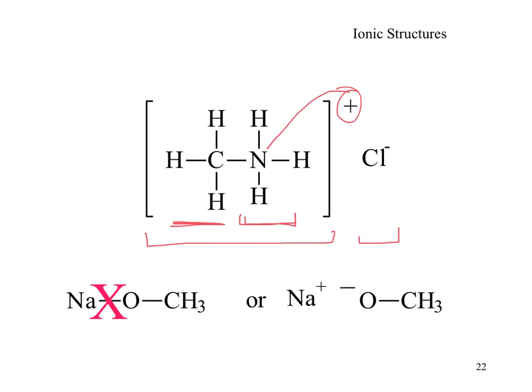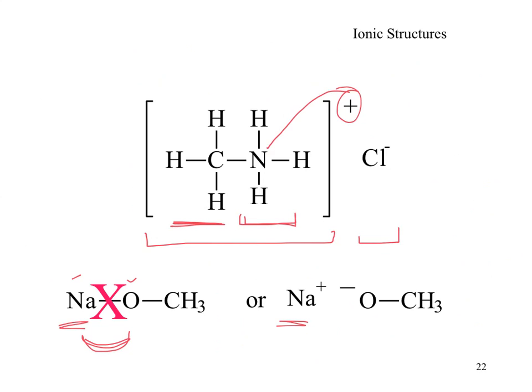Now, one thing I would like to say: whenever you are drawing structures for any of your organic or biochemistry courses which has a metal, you can never show a covalent bond. Notice in this case it was drawn almost as if oxygen and sodium share electrons.